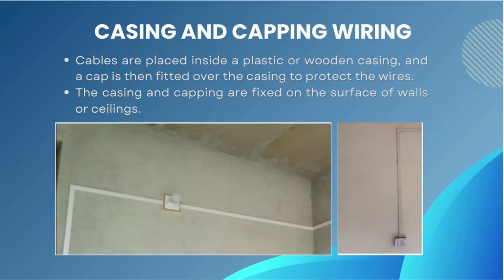In casing capping wiring, wires are placed inside a rectangular PVC or wooden casing, which is fixed to the walls or the ceilings. The casing is then covered with a capping to protect the wires from external damage.